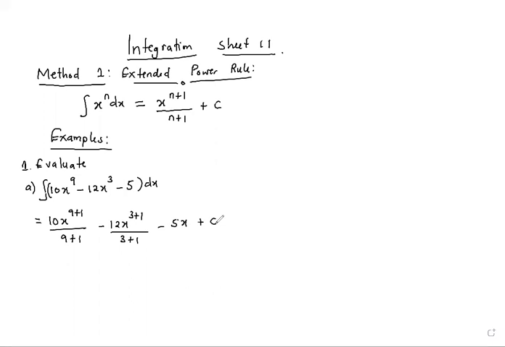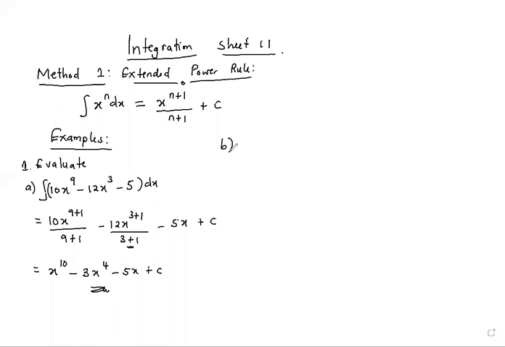If I find a constant 5, I know that for it to be 5, there was some x. And then now you just simplify. We have 10 down here, 10 over 10, that is 1. So we just get x to the power 10 minus, this is 4 here into 12, we get 3x to the power 4, and then minus 5x plus c. That's the easiest that you can meet if you are to meet something of that nature.